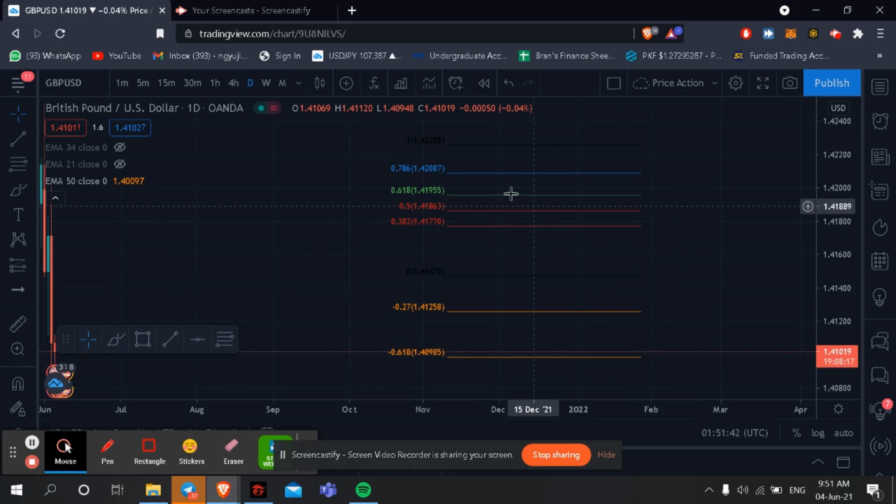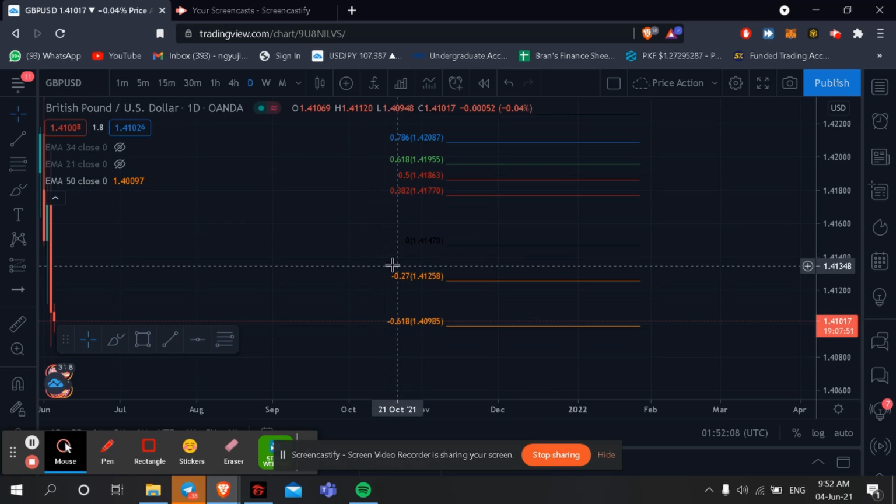Whenever you draw a point to point, the starting point will always be a 1, and towards the end, it will look like a 0. So these are the percentage points I'm talking about: the 0.382, the 0.5, the 0.618, which are the two golden levels, and the 0.786.